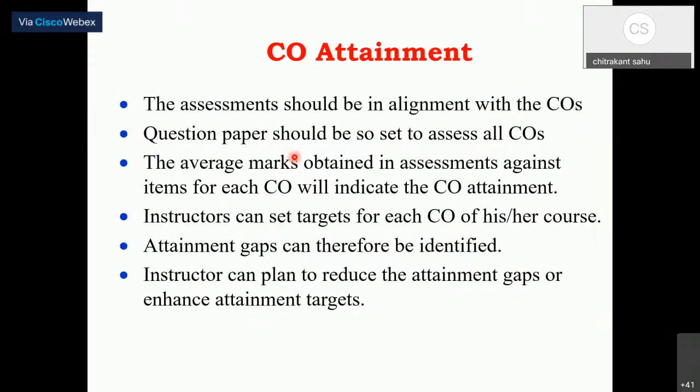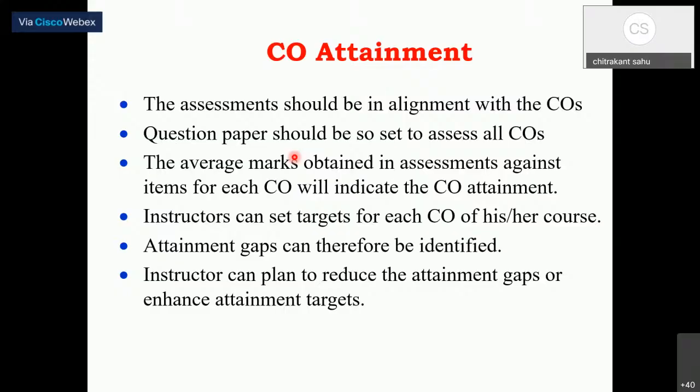So now we come to the second part, the attainment calculation. This is very important from a teacher's perspective: how this attainment can be computed. I'm going to show some examples of how this measurement can be done.